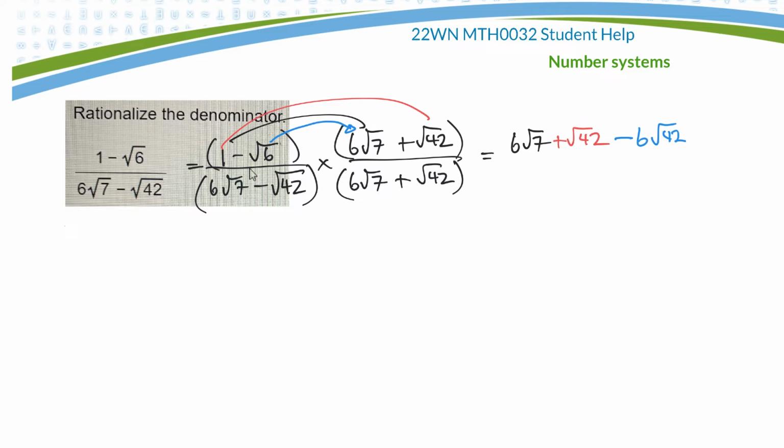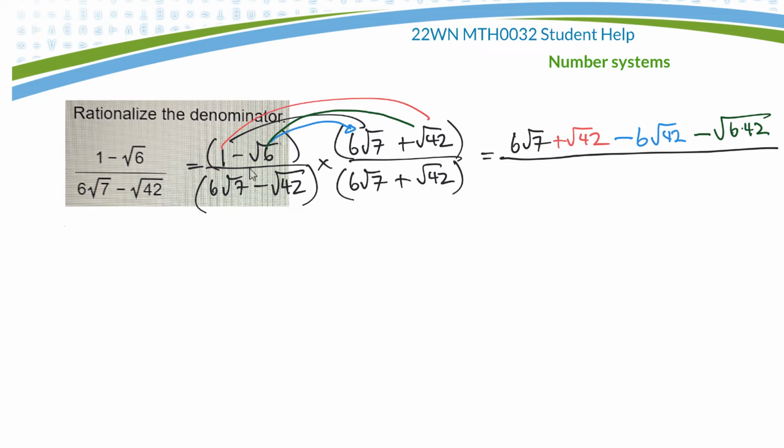I'm searching for the right color. Green. We'll go green. And then minus 6 times root 42. So that'll be minus root whatever 6 times 42 is. Okay. All over.